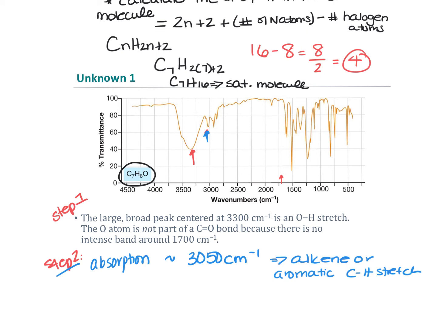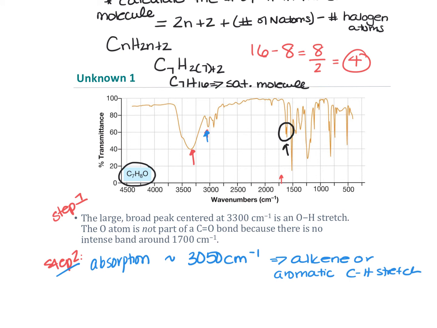And then beyond that, we could look for an aromatic ring. An aromatic ring is going to exhibit 2 or 3 peaks in the 1450 to 1600 region. With the IDH of 4, it could indicate a benzene ring, because as we were talking about, we do have those peaks right here.